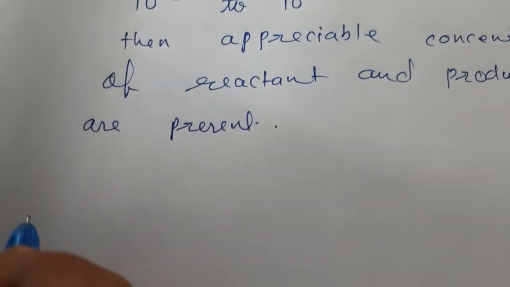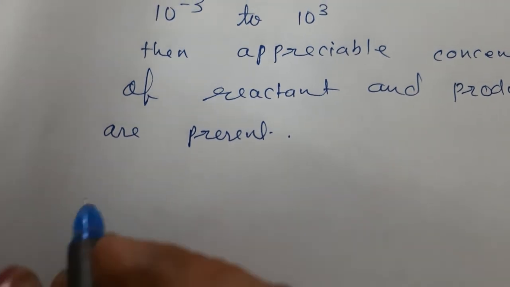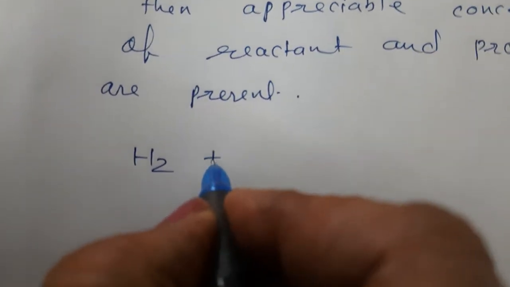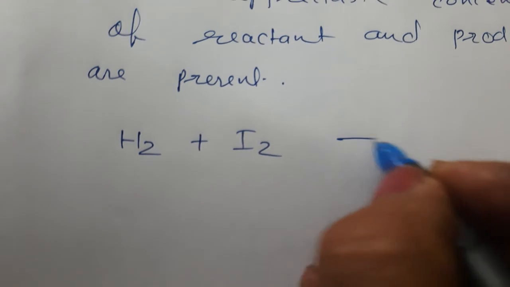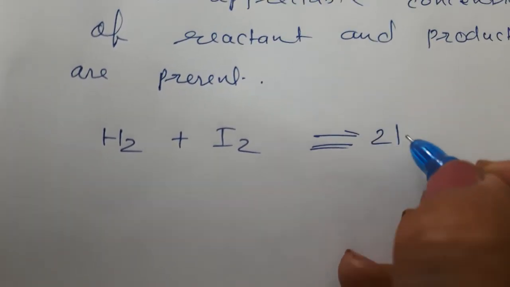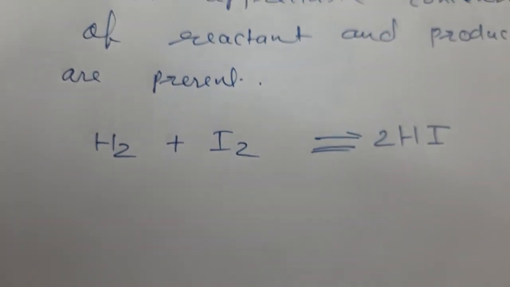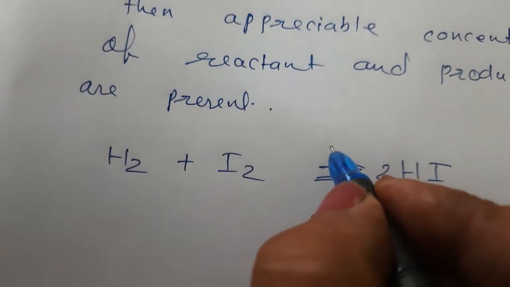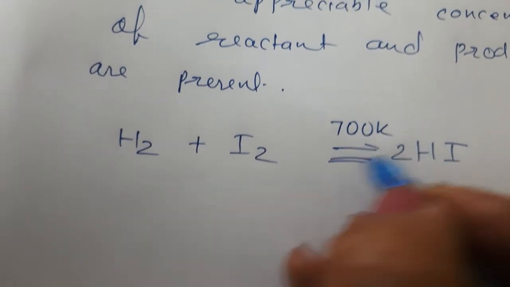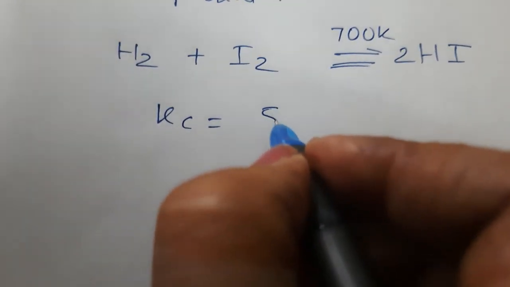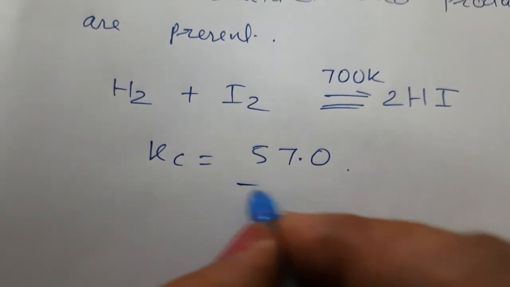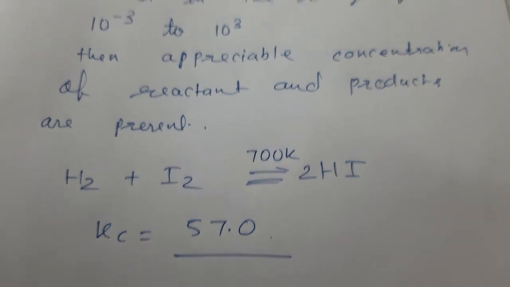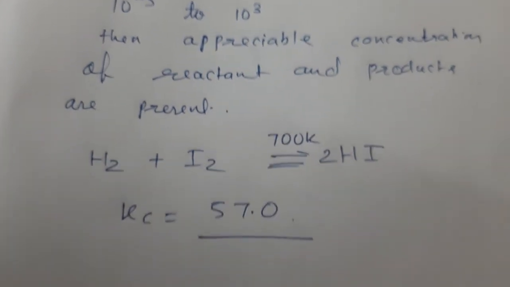We will write an example of this. For the reaction with H2 and I2, H2 plus I2 gives 2HI. In this case Kc is 57.0 at 700 Kelvin. So we can see this is a moderate value between 10 raised to power minus 3 and 10 raised to power 3.